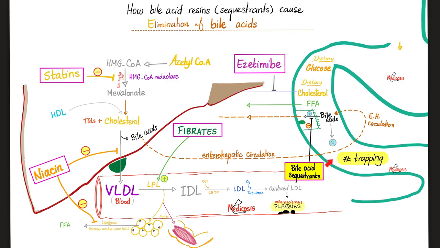If I'm taking cholestyramine, the bile acids and bile salts are not allowed to go back to the liver in the enterohepatic circulation because bile acid sequestrants will block this. And when the circulation is blocked, I cannot circulate. I'm trapped in the stool. This is an example of elimination.